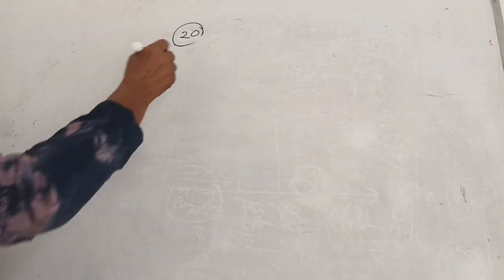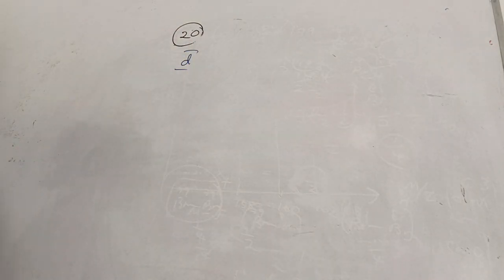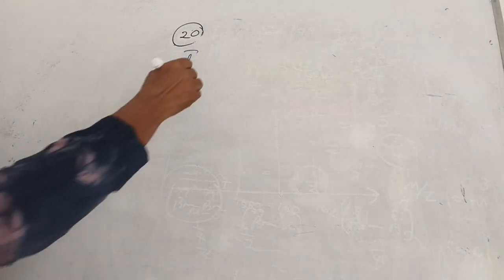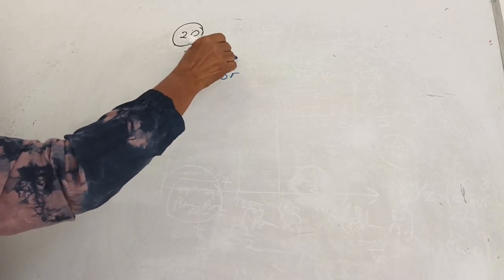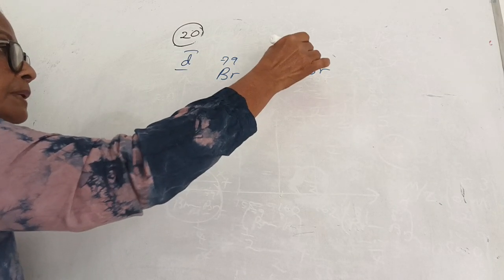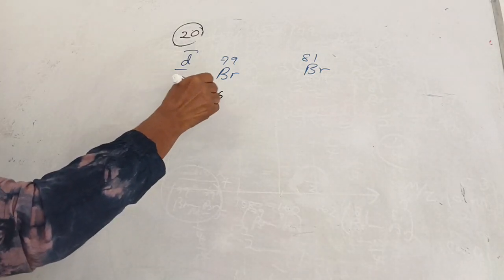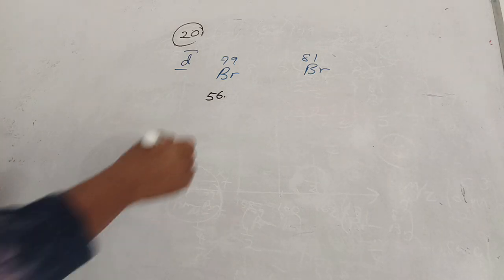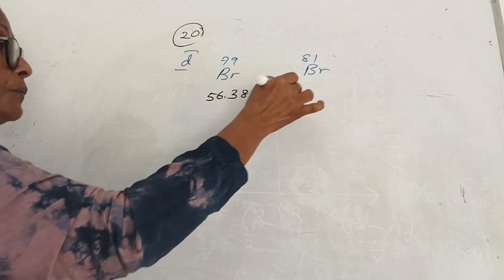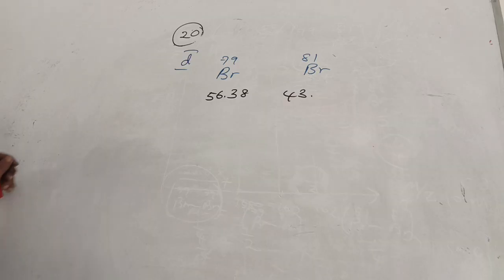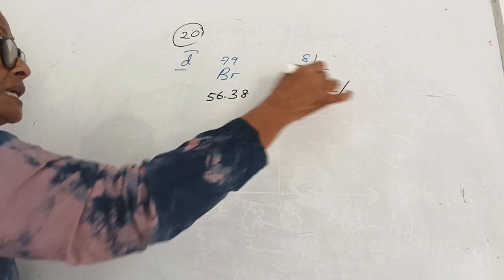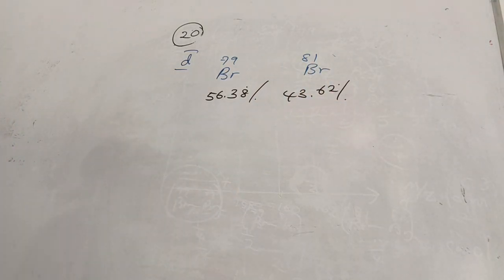In the D part, they give bromine 79 in a sample as well as bromine 81 in a sample, and their percentage abundances are provided as 56.38 and 43.62. These are the percentages of these two isotopes. Calculate the relative molecular mass for the bromine molecule.